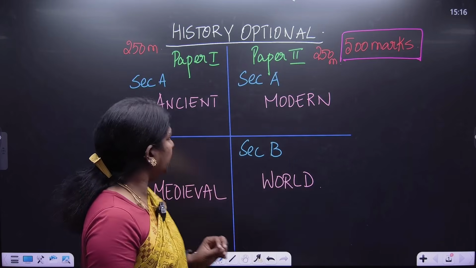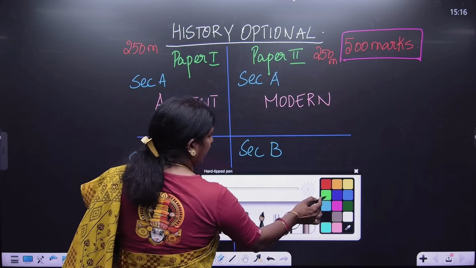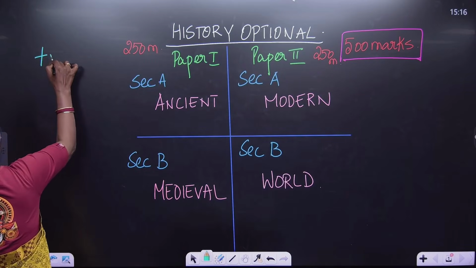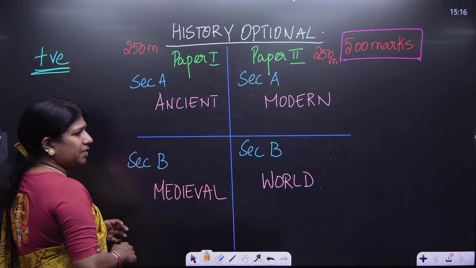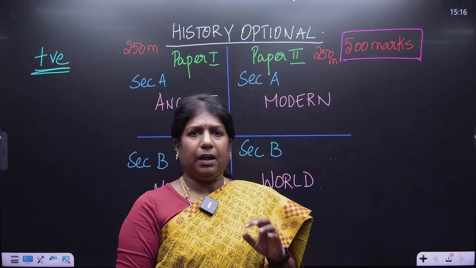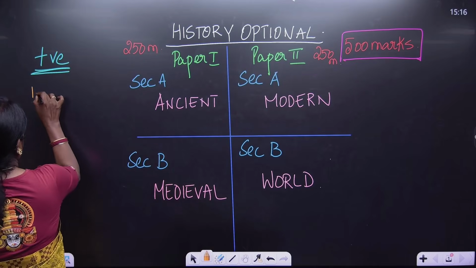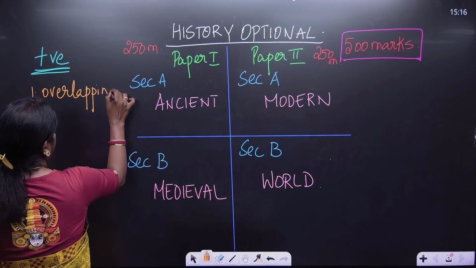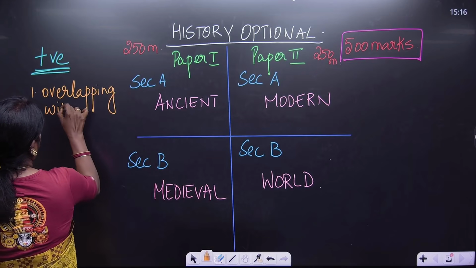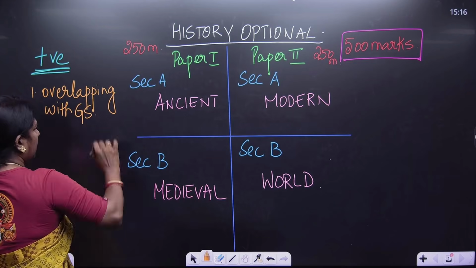If I take the positives of history optional, so why history optional? I would like to make you understand that it overlaps with GS. History is an overlapping subject. It is overlapping with our general studies.